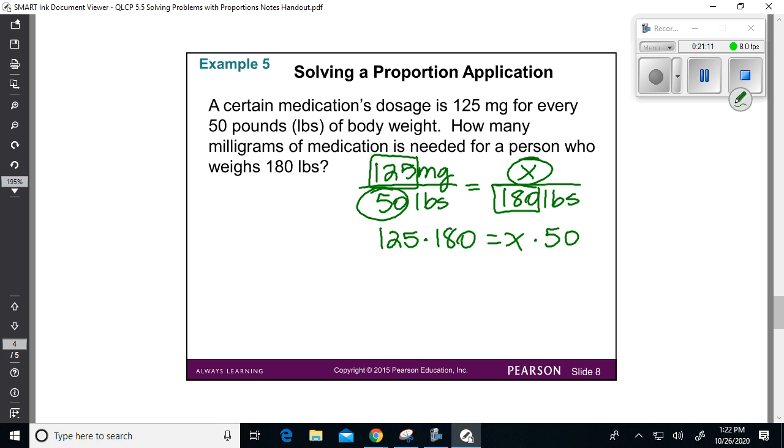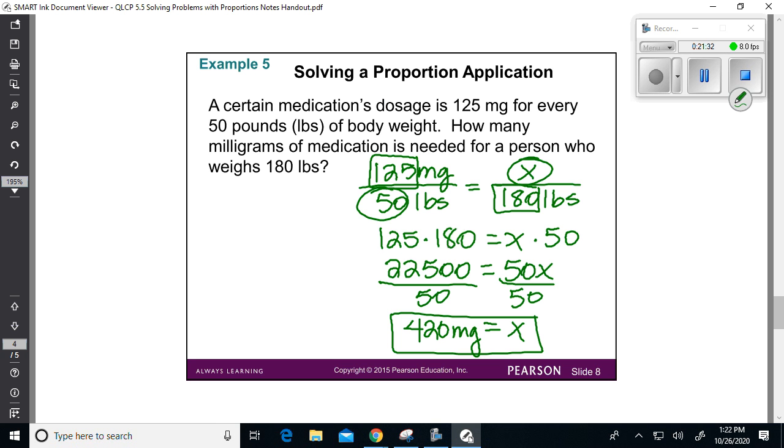It'll be 22,500 equals 50x. It'll be 420 milligrams. So 420 milligrams is what this patient who is 180 pounds would take. So that means someone like me, I'd take 420 milligrams of whatever medicine this is.